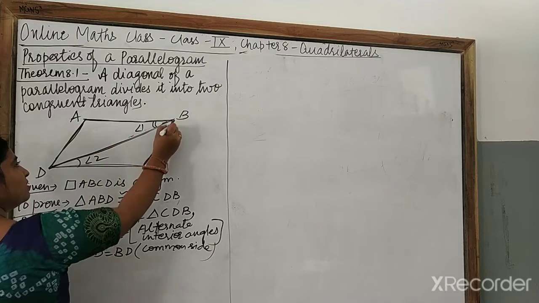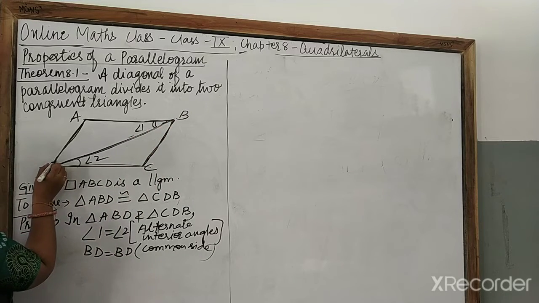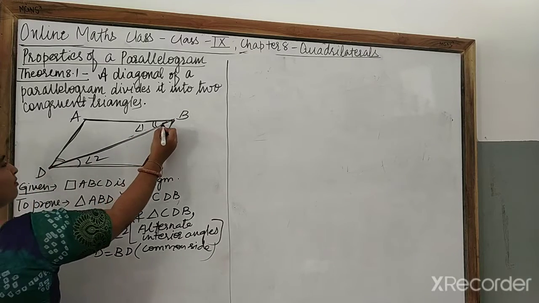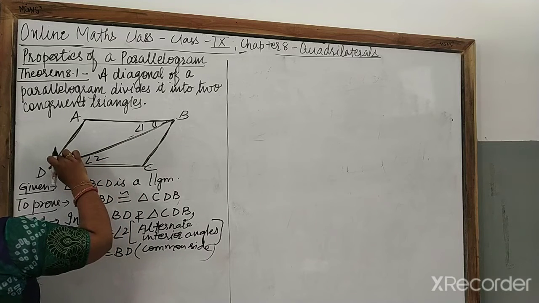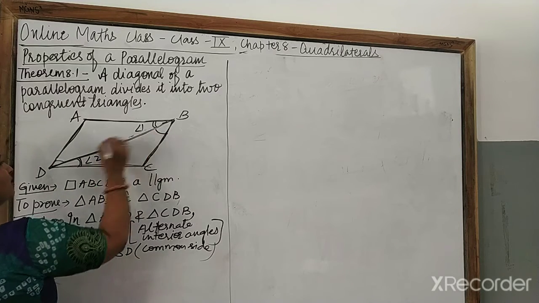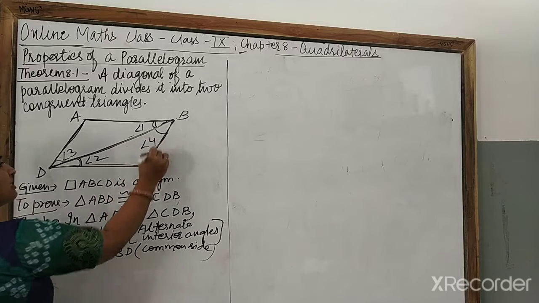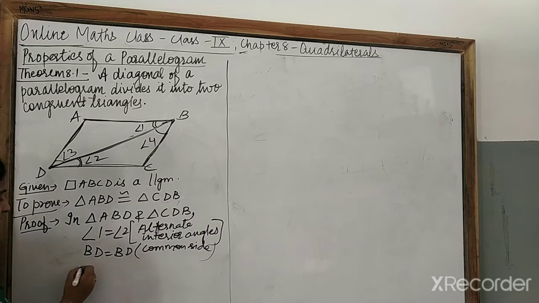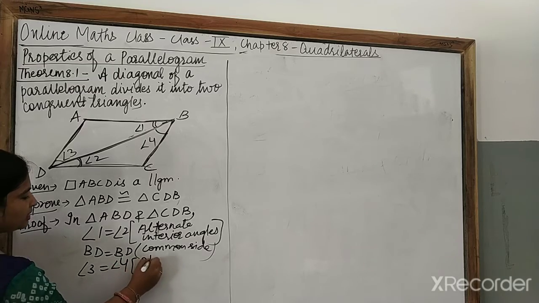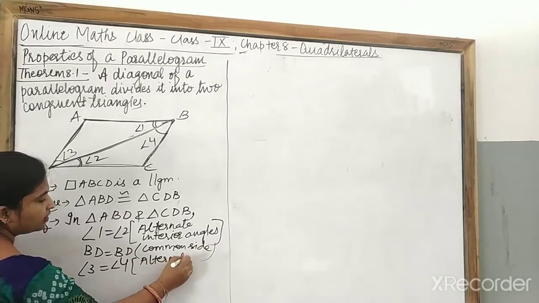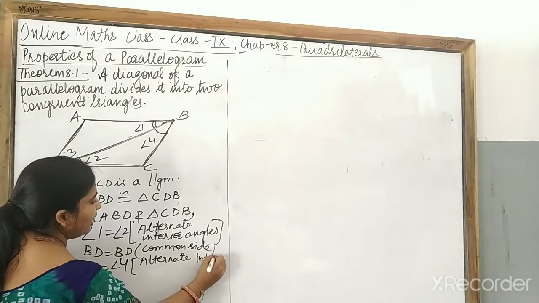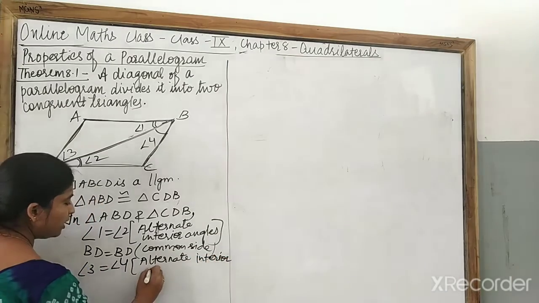It is a tilted Z. So here we are getting angle 3 and angle 4, and these are again alternate interior angles. So angle 3 is equal to angle 4. The reason is alternate interior angles.